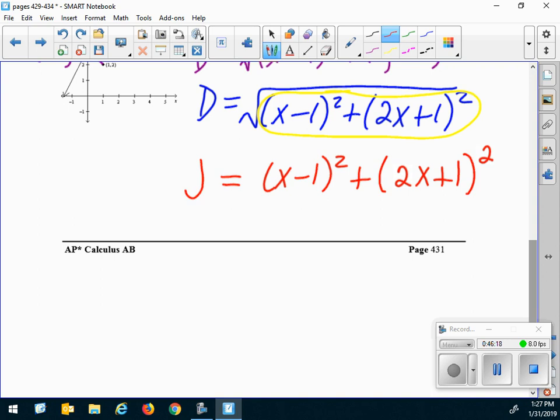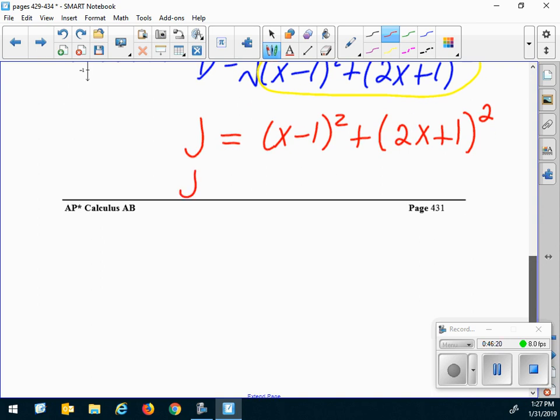Try it. J prime. Times the derivative of the inside, which is 1. Done.